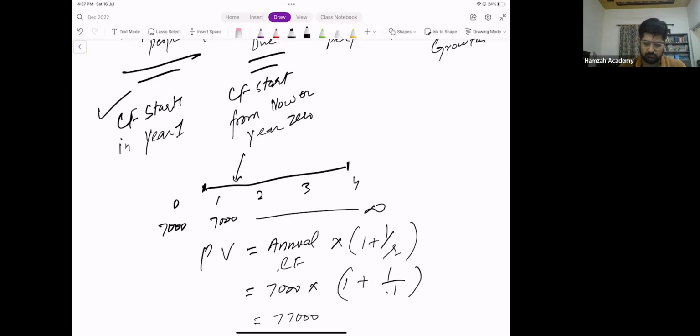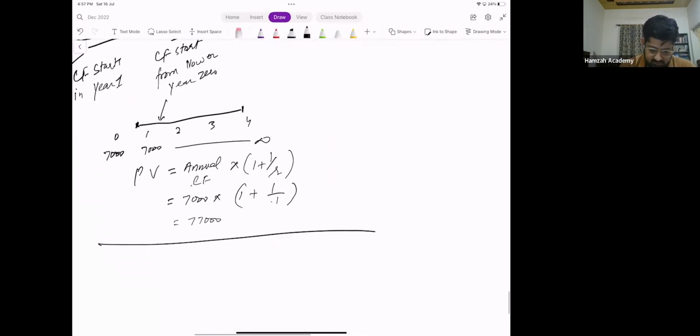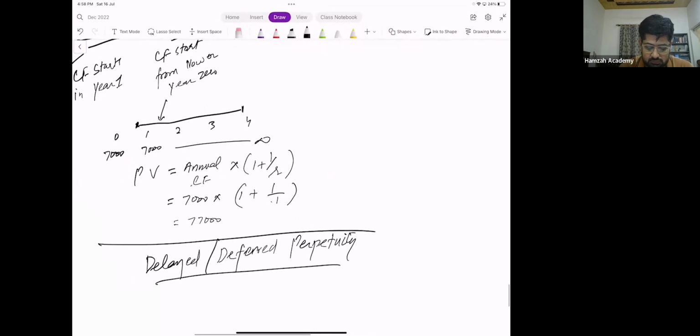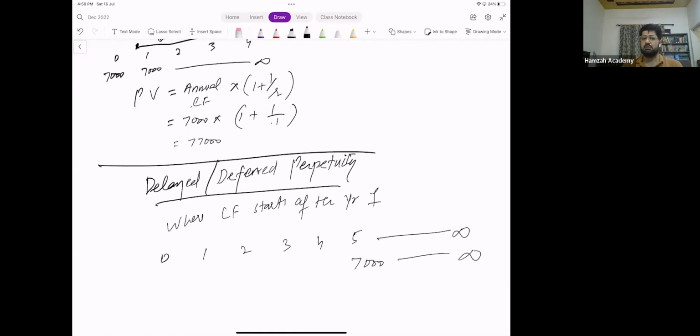Next is the delayed or deferred perpetuity, where cash flow starts after year 1. For example, starting from year 5 till perpetuity. For this, it is simple perpetuity. Answer will fall here. Same logic as NPV.